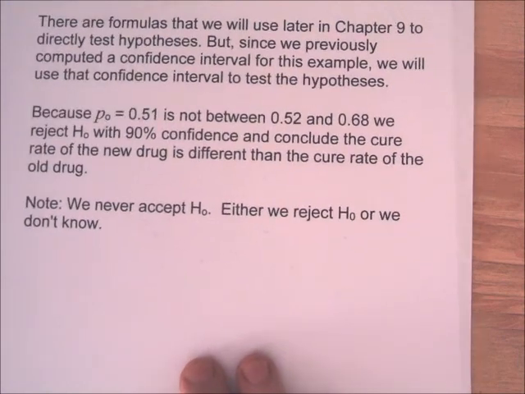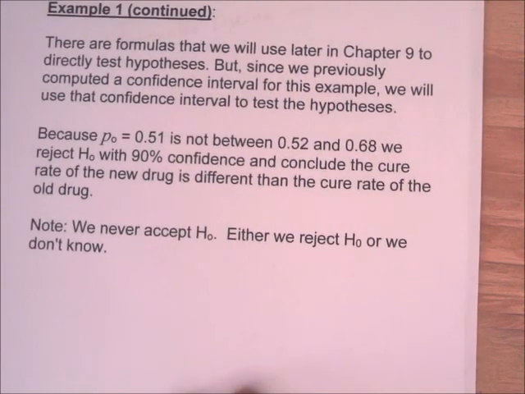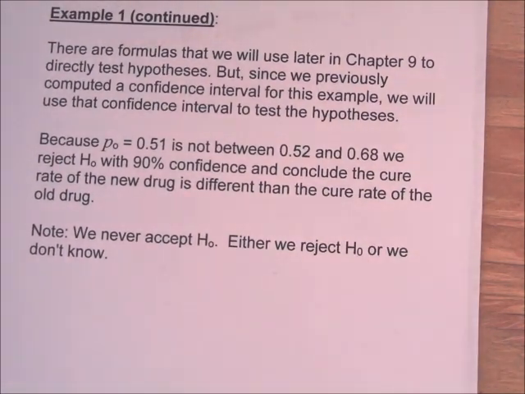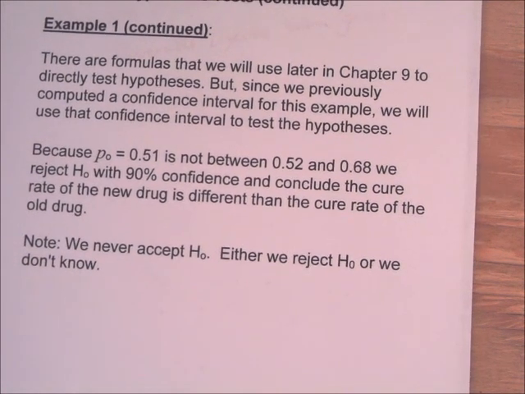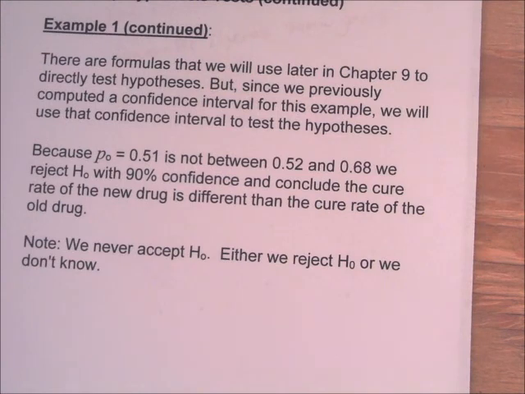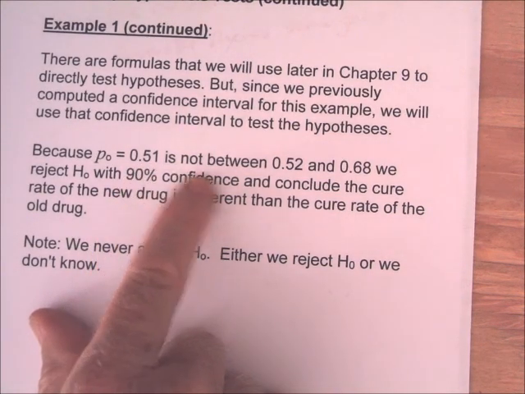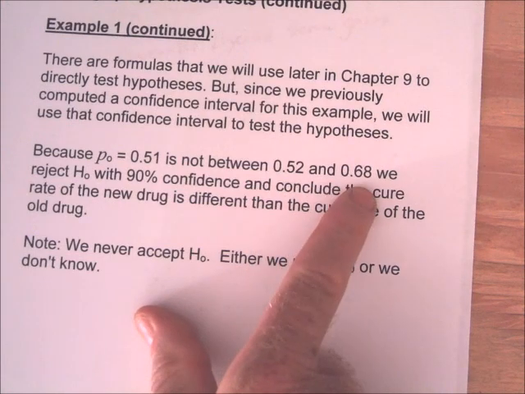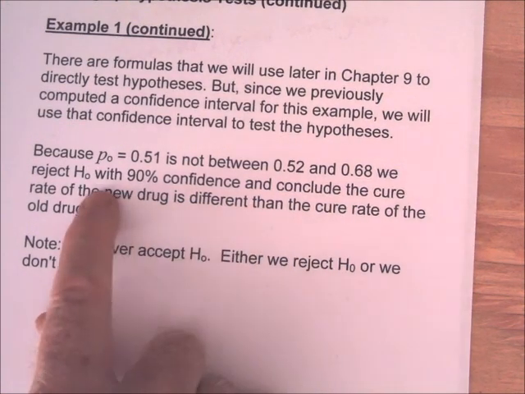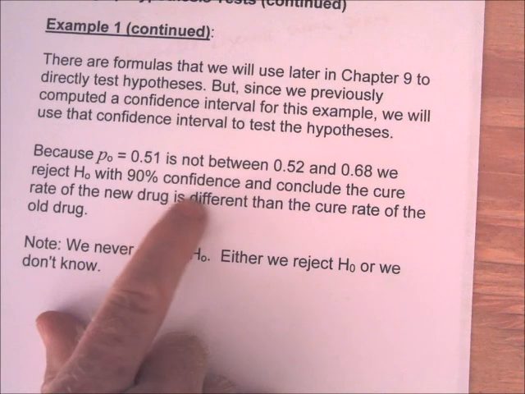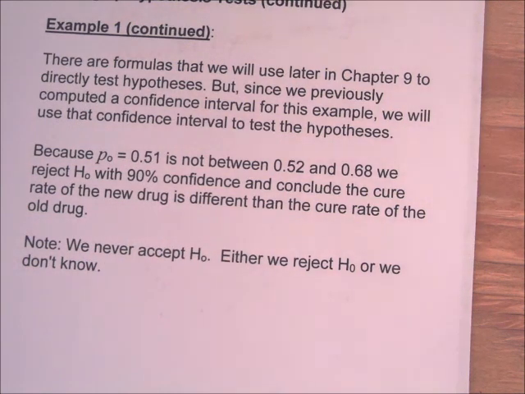There are formulas that we'll be using later in this Chapter 9 to directly test hypotheses. But since we previously computed a confidence interval for this example, we'll use that confidence interval to test the hypotheses. And because P0, which is 0.51, is not between 0.52 and 0.68, we reject H0 with 90% confidence and conclude the cure rate of the new drug is different than the cure rate of the old drug.